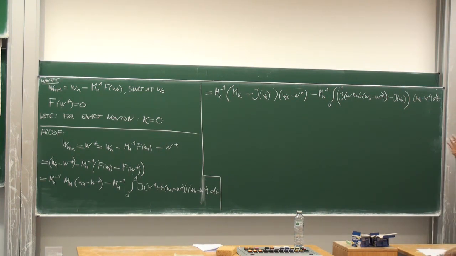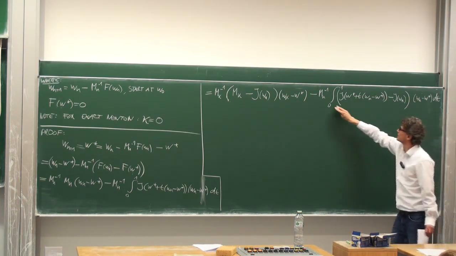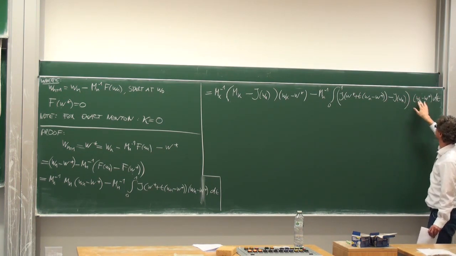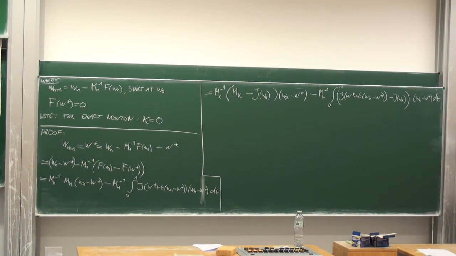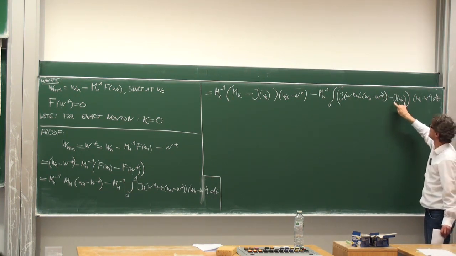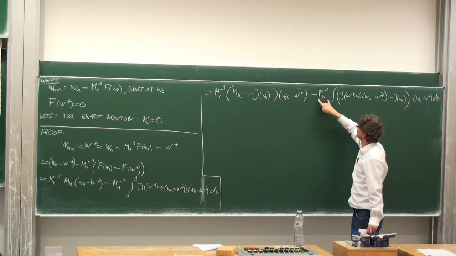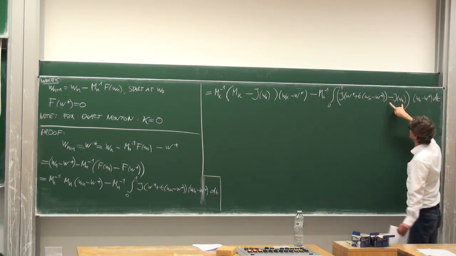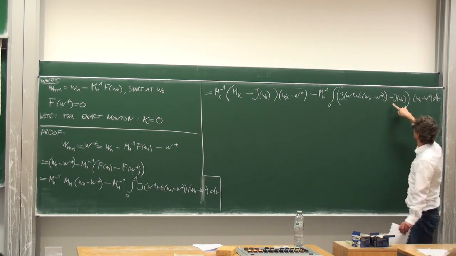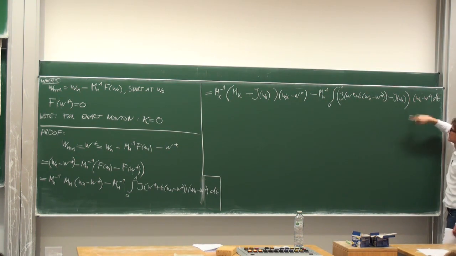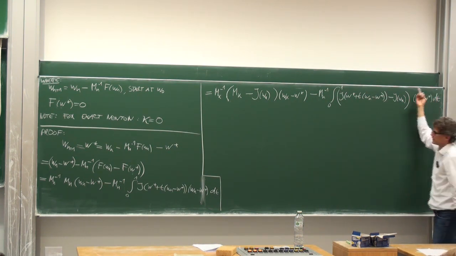So you see that this is trivial, because I integrate over something which is constant. This is constant, this is constant. So integrating over it from 0 to 1 will just give me exactly the same value. So what I get here, with the m to the minus 1, with a minus, with a j, integrated from 0 to 1, will just give me the same value.